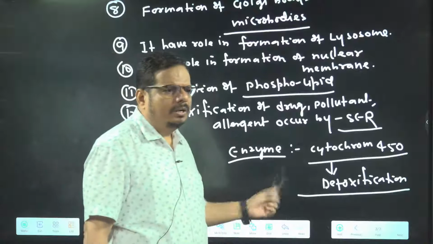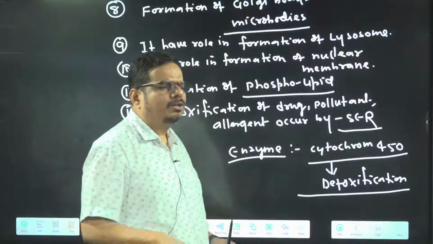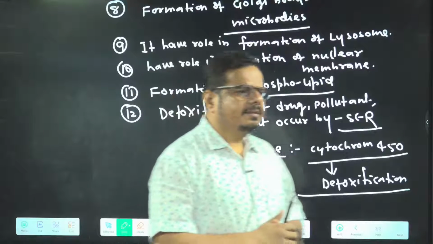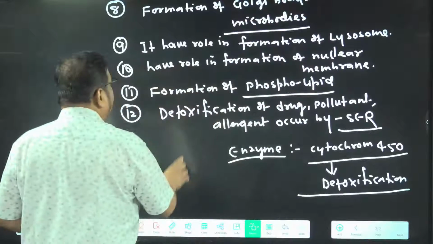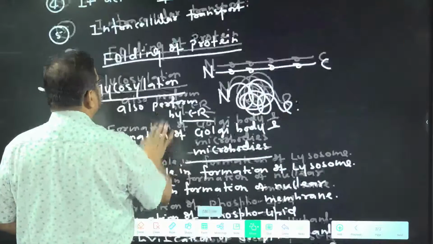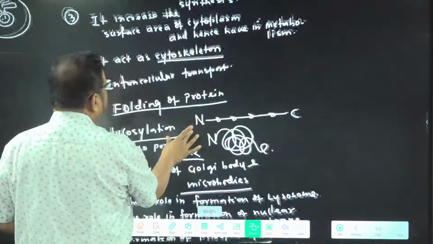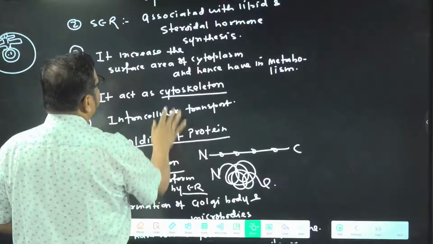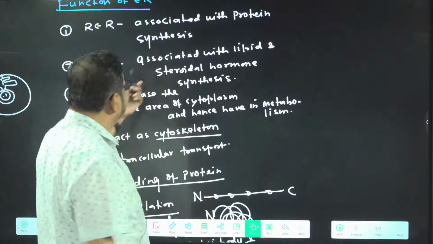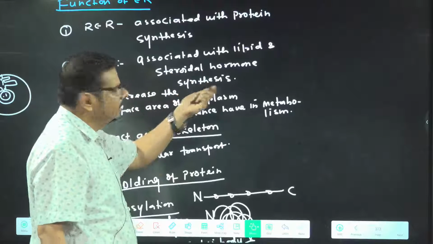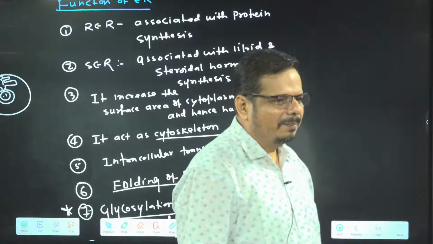It has a role in detoxification of drug, intracellular transport, giving the network-like structure, and most important, what is written in NCERT, which will come in most of the tests. In the very beginning I wrote, na? RER is associated with protein synthesis, SER associated with steroidal hormone synthesis and lipid synthesis. That is what will come most of the time in the papers.